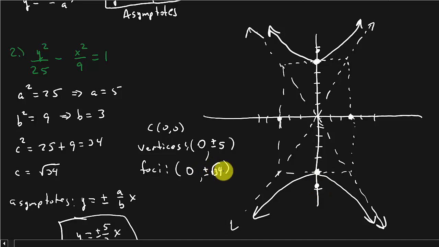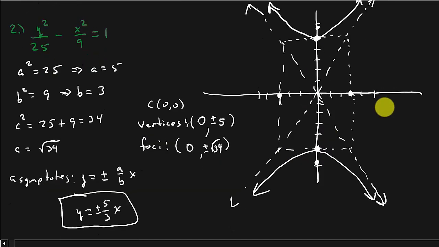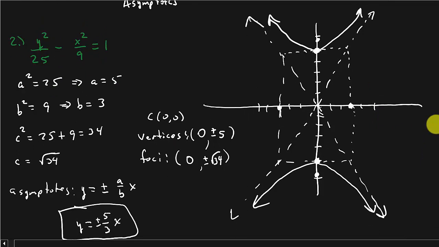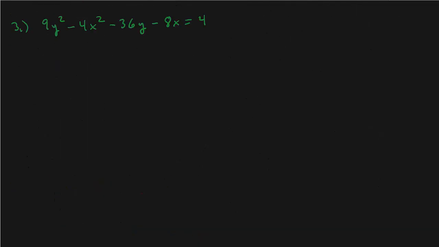See, that C value, that tells you how far you go from the center of it. Okay? And so there's your graph. See, this line here, this asymptote here, that's y equals 5/3 x. This line right here, that's the line y equals negative 5/3 x. Okay? All right, so let's look at this next example.